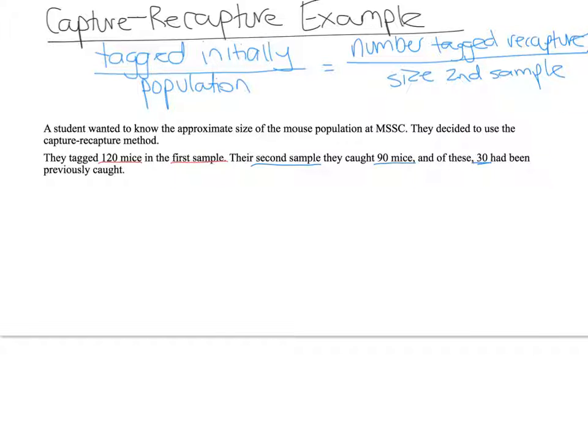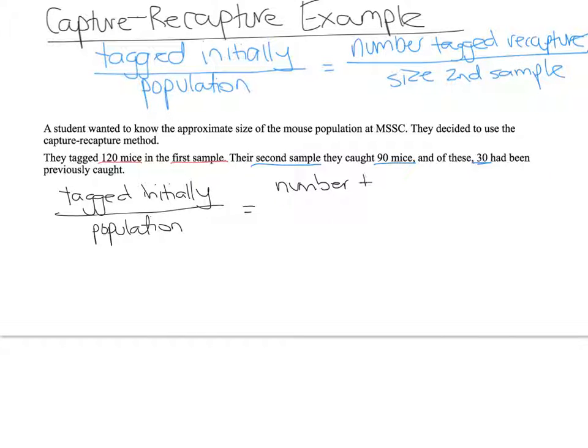Okay, so what do we do? We start by writing our formula. So tagged initially over the population, which is what we're trying to find. And then that's going to equal the number that were tagged in the recapture over the size of the second sample.